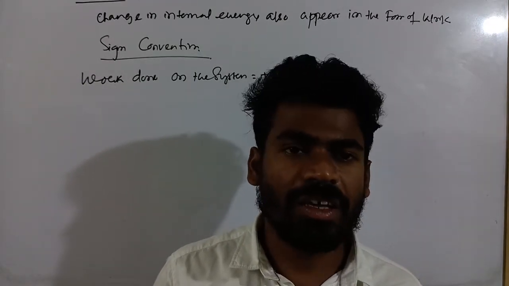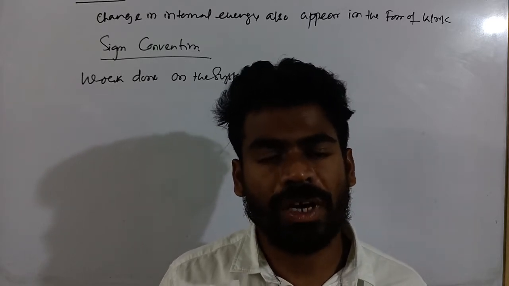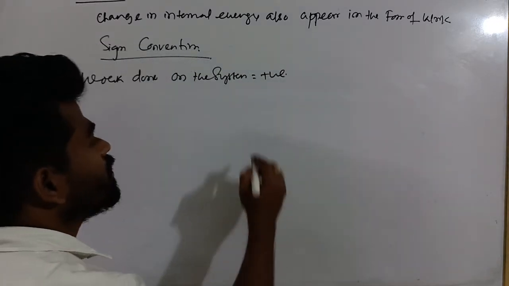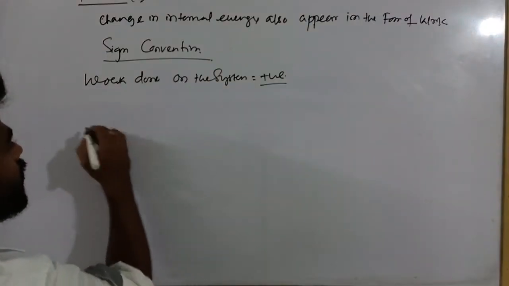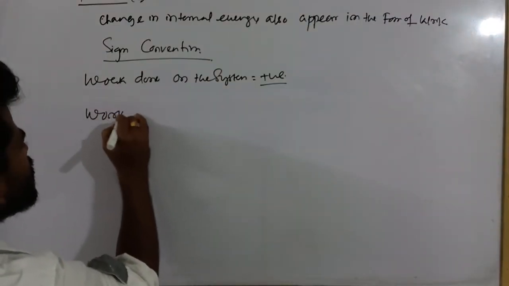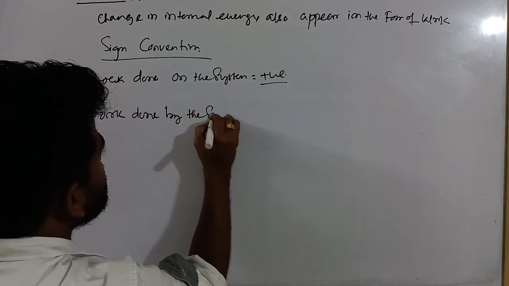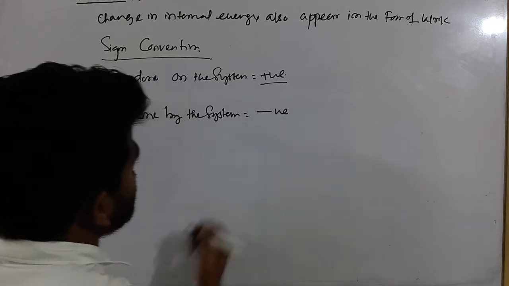So if I am supplying energy to you, then what happens? Your internal energy definitely increases. So if internal energy increases, then that will be work done on the system, that is positive. Again, work done by the system, that is assigned by negative.